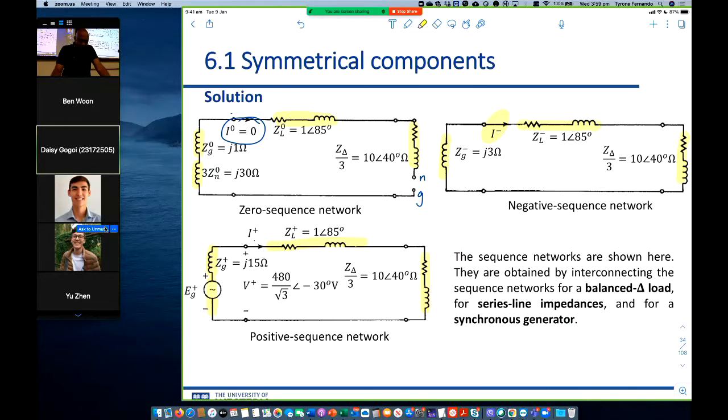The only thing that we have is the positive sequence current, and that is expected because this is a balanced circuit. We are not expecting any zero sequence or negative sequence currents, and that's exactly what we see here.